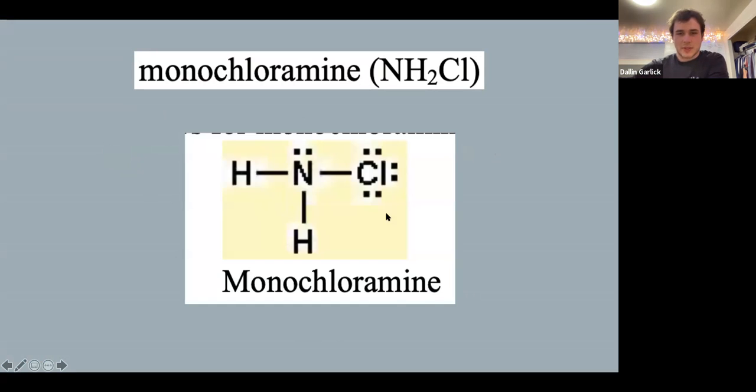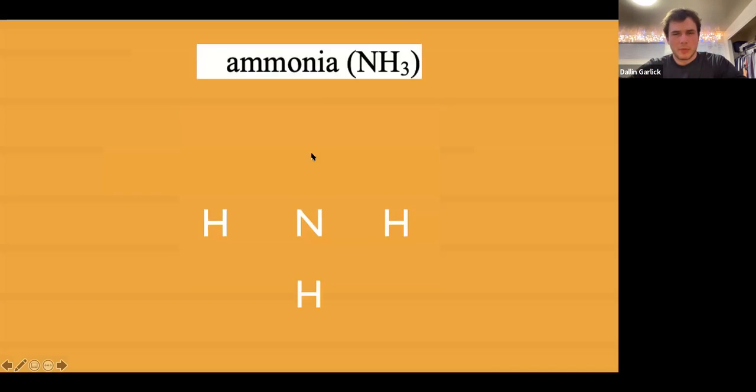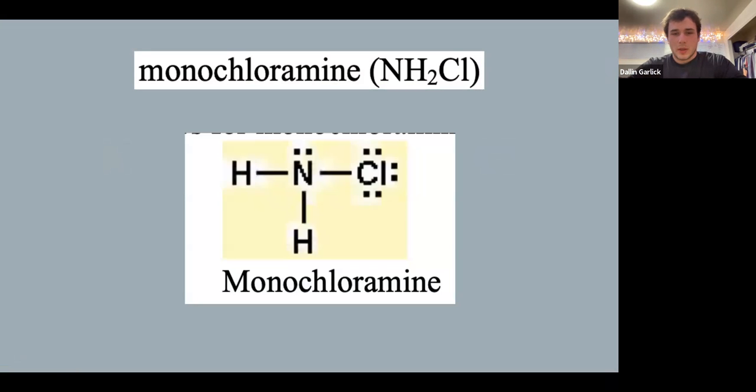Because there's 5 for the nitrogen, there's 1 bond to this hydrogen, 1 bond to that hydrogen, and then 1 bond to the chlorine, leaving 2. Same deal as ammonia, there'll be this pair right here, the extra pair, and then it'll connect to the chlorine, which has 7.